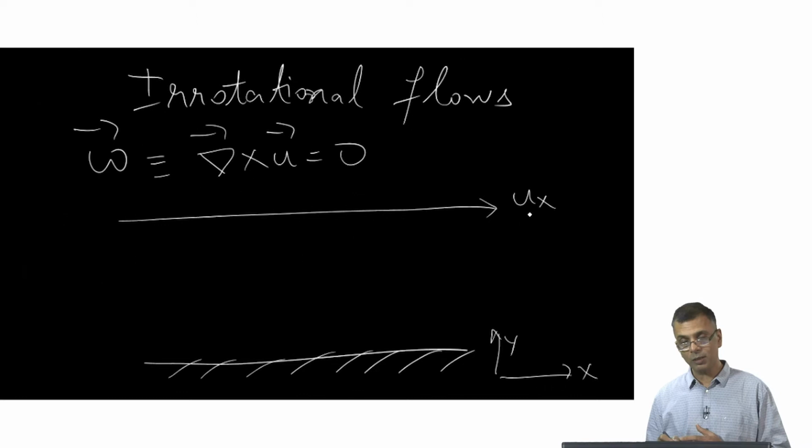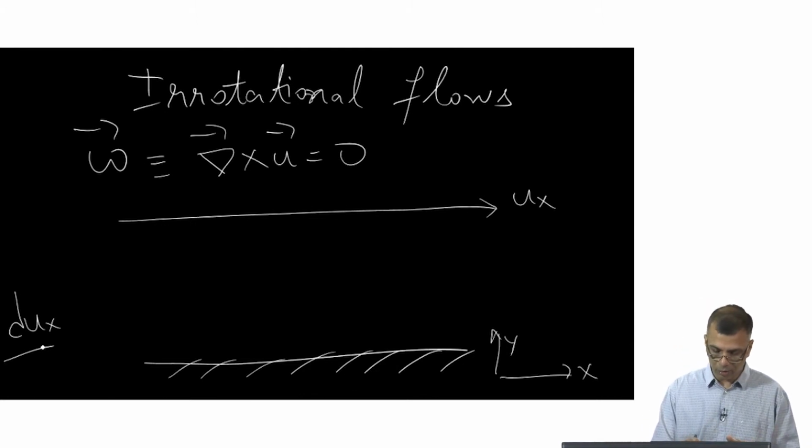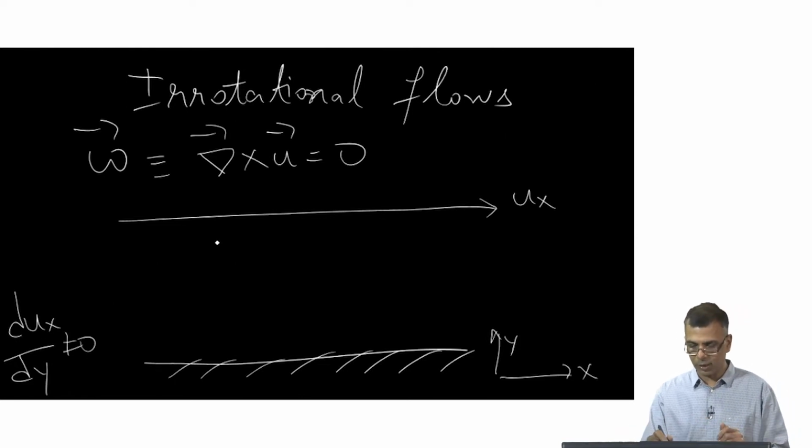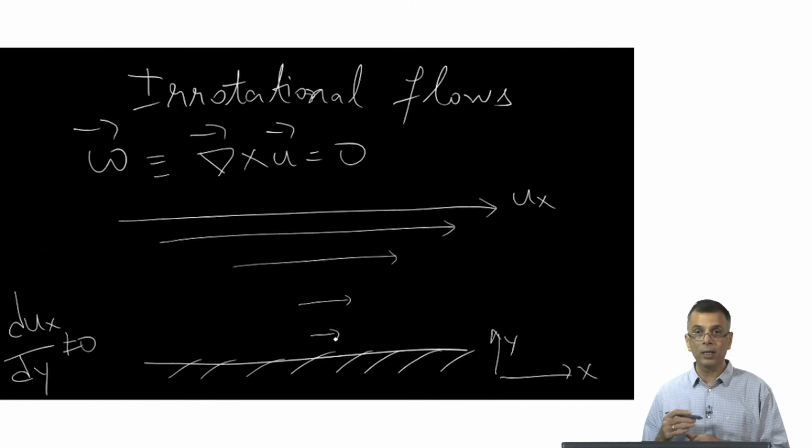So a situation where you have a gradient of the u of x as you proceed in y. In other words, a flow of a viscous liquid such as honey, where the top layer is moving fast, the next layer is moving a little slower, the next a little slower, and so forth.